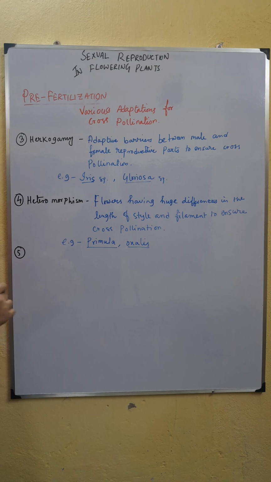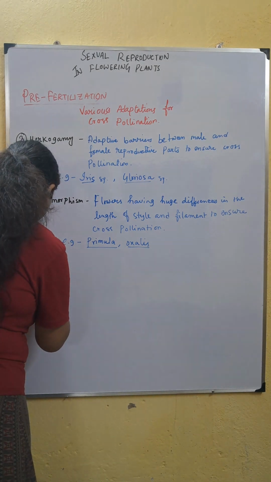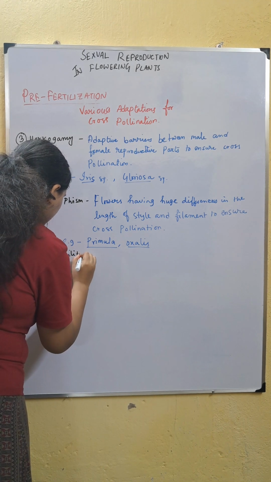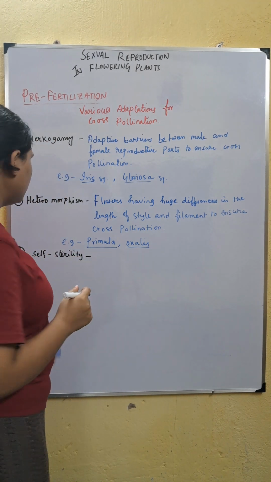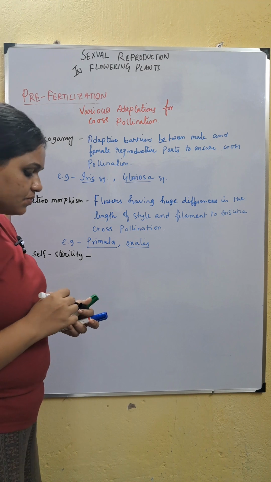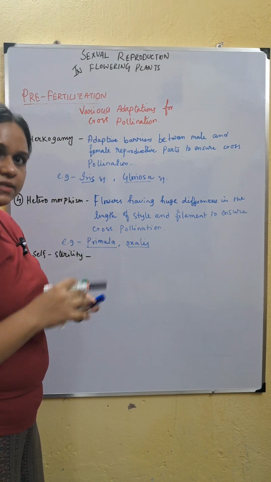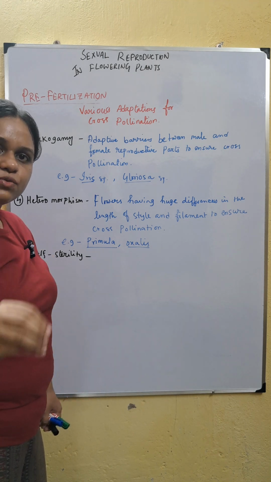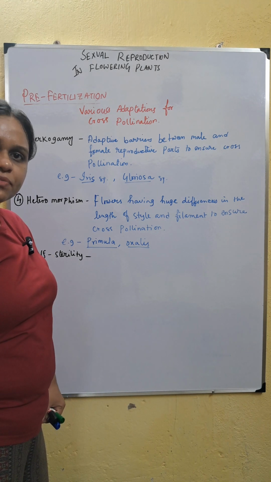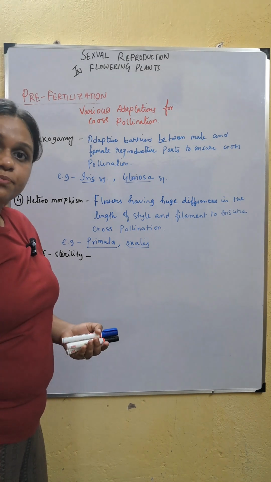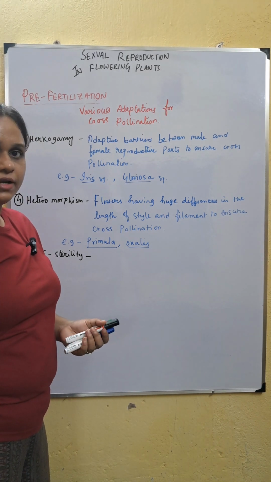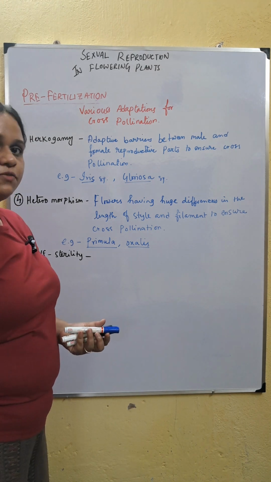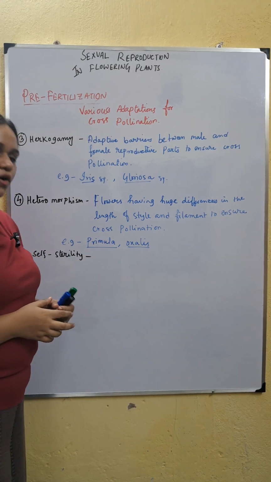Next and last is self-sterility, or self incompatibility, also called self sterility. In the case of a bisexual flower, the pollen grain from the anther of that flower comes to the stigma of the gynoecium, but the pollen grain does not germinate and self pollination is prevented. This way the plant ensures cross pollination.